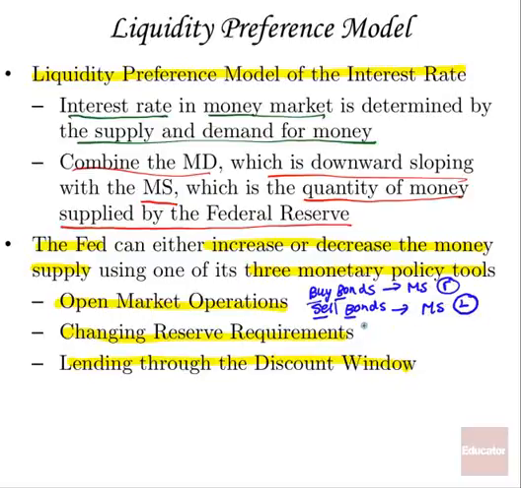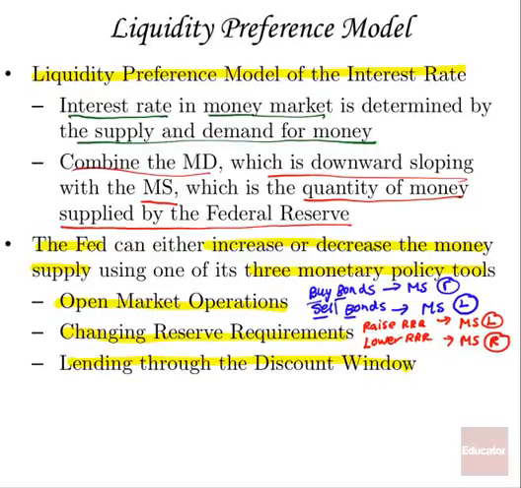Or the Fed can raise the RRR, and the money supply will lower, or it can lower the RRR. When it raises the RRR, the money supply shifts to the left. When it lowers the RRR, the money supply shifts to the right.